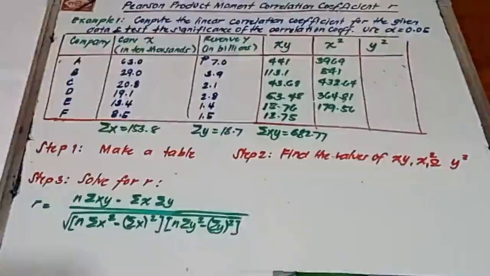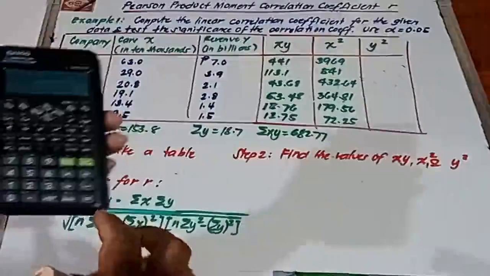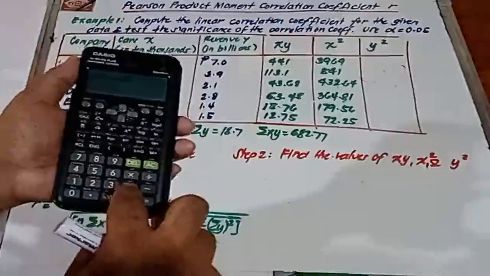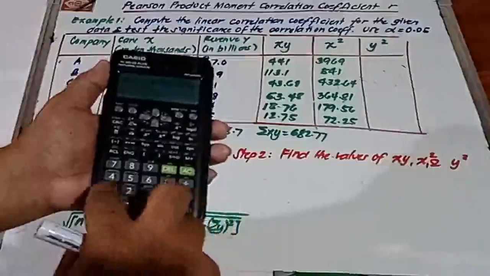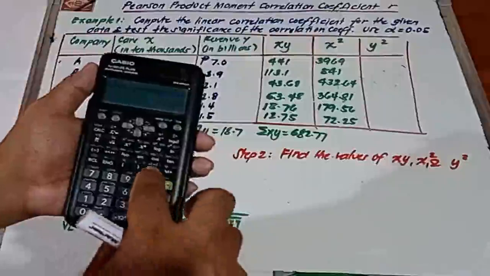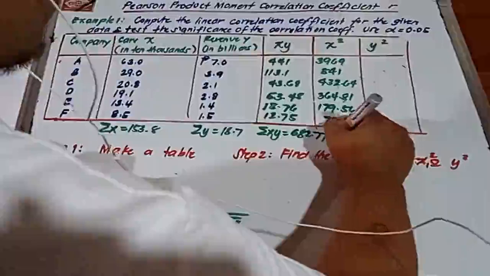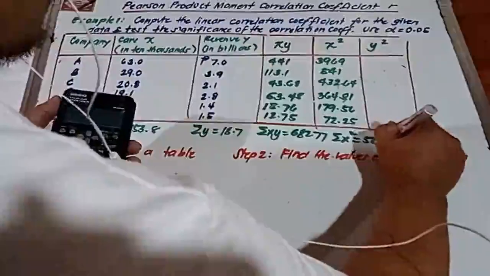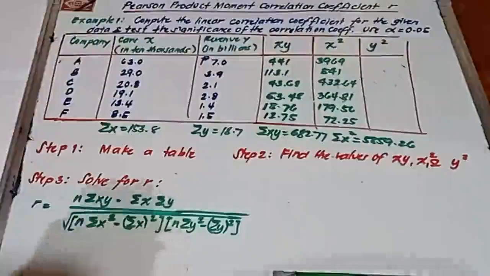And 8.5 squared is 72.25. Then we get the summation of x squared, that is 3969 plus 841 plus 432.64 plus 364.81 plus 179.56 plus 72.25. Our answer is 5859.26. This is our summation of x squared.